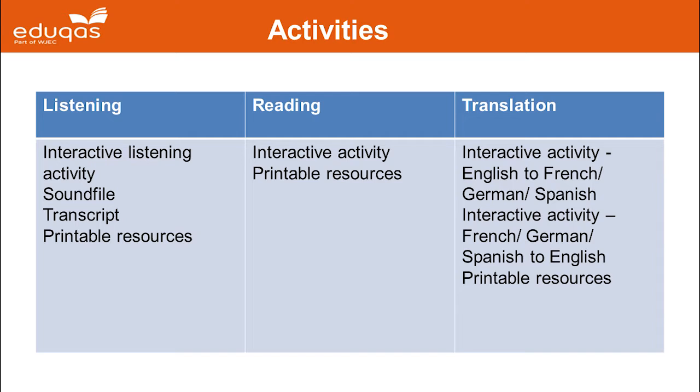We also have interactive and printable activities for reading, and the translation will obviously offer translation into English and also from English into French, German or Spanish to meet the needs of the new specification, where translation is a much more targeted skill. We also have a series of GCSE resources that many teachers have found useful for the early days of AS teaching in Year 12.